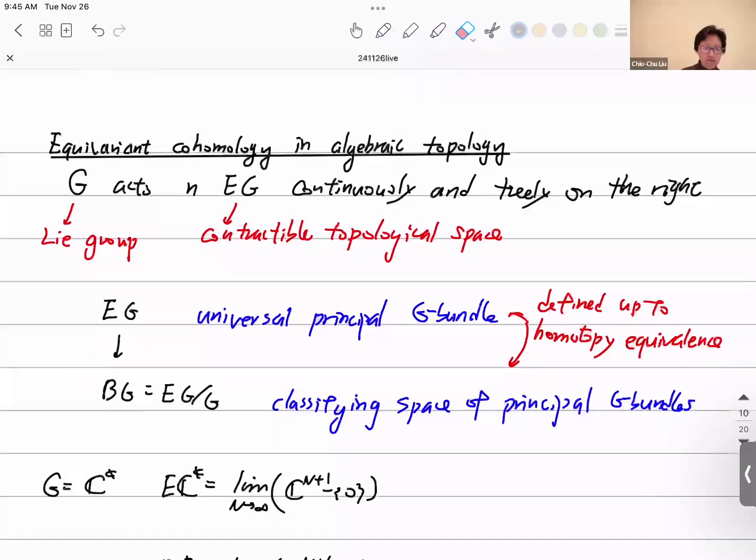We quotient by the free action, and that's BG. Then EG over BG is a principal G bundle, and the base BG is the classifying space of principal G bundles, and the total space is the universal principal G bundle. They are defined up to homotopy equivalence.